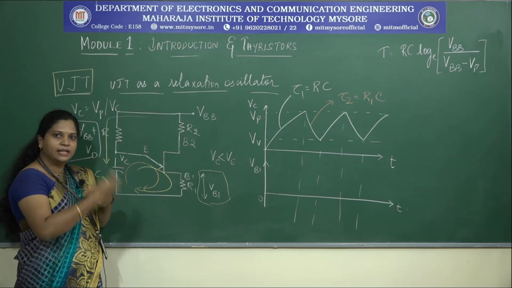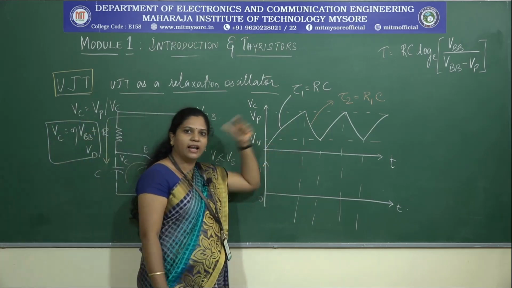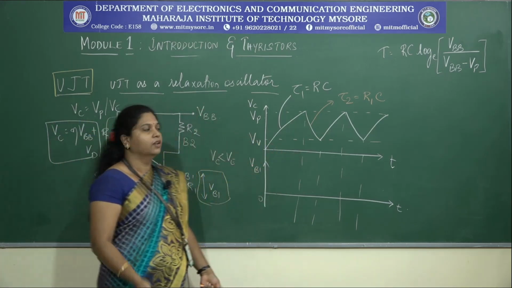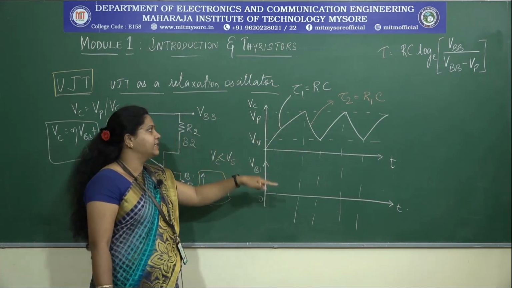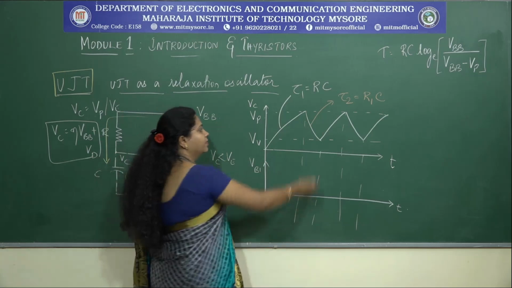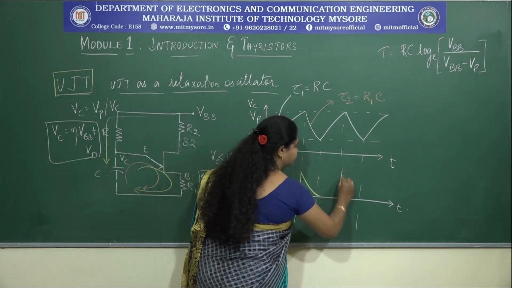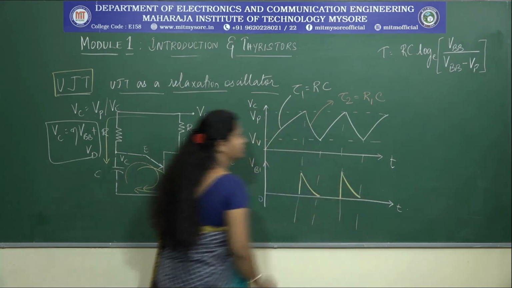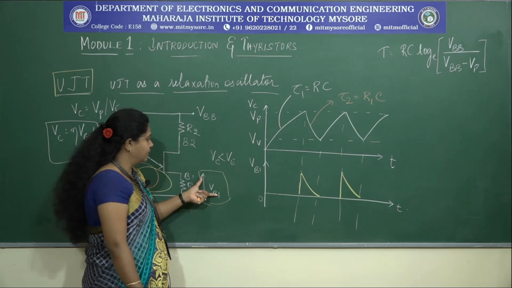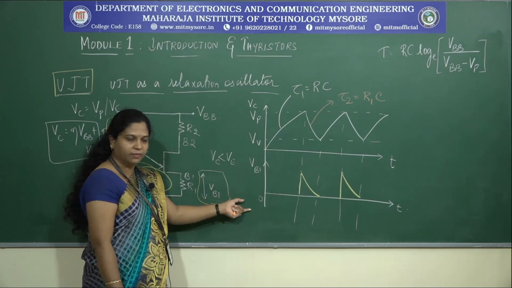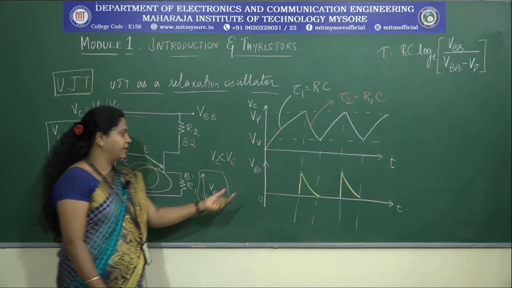Now the capacitor is releasing the stored charges, and this process is nothing but relaxation of the capacitor. When the capacitor is discharging, or in the relaxation mode, then we are going to generate the pulses. Then we are going to get the output across the B1 terminal. So, this is the pulse that we have generated.